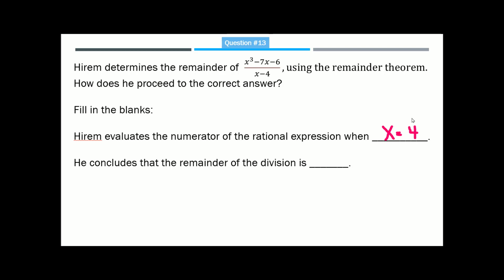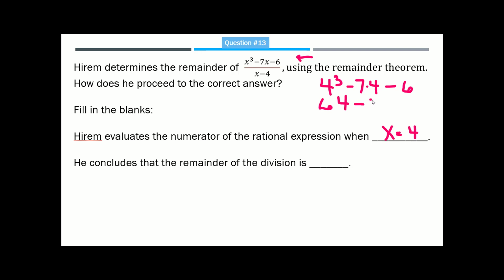Now if you put 4 into the numerator, you'll get 4 to the third power minus 7 times 4 minus 6. Okay, 4 to the third power. Let me get my calculator out. 4 times 4 is 16 times 4 is 64.